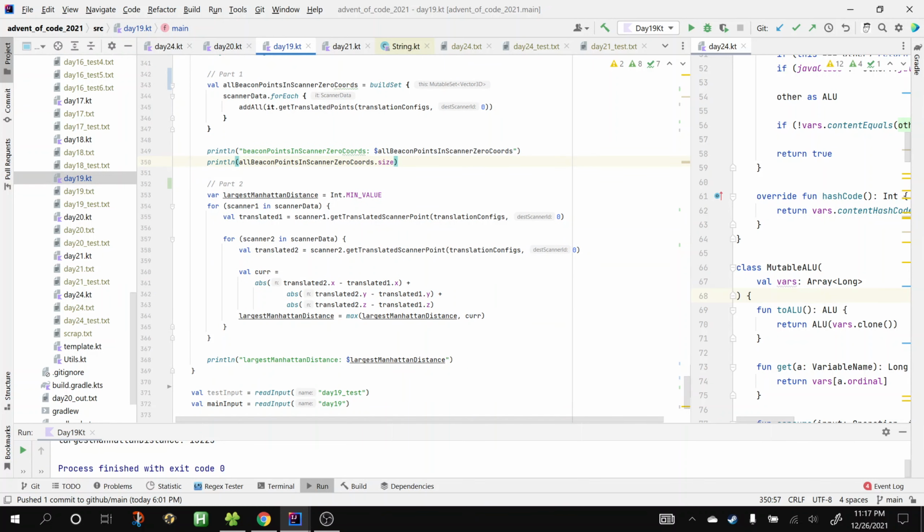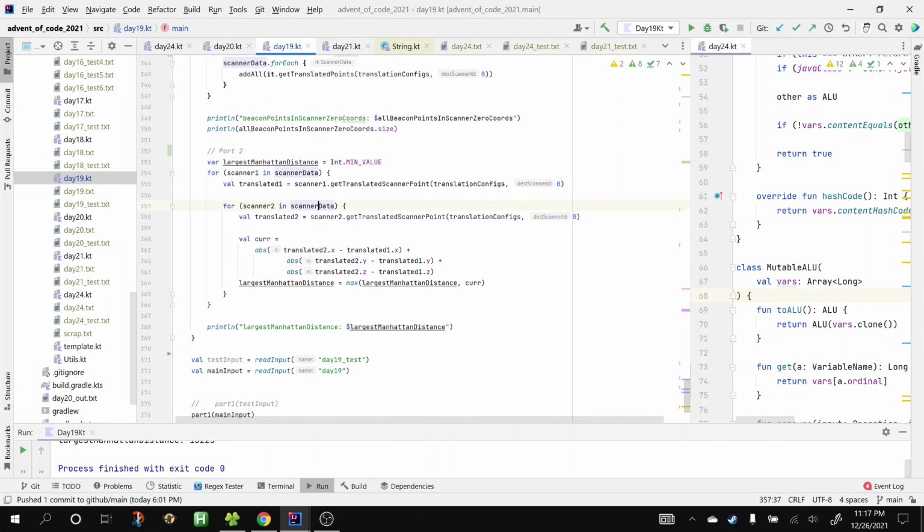Then for part 2, it was pretty simple since we already know the various offsets and translations needed to get into different scanner coordinates. You just iterate through the cross between scanners and all other scanners, and then calculate the largest Manhattan distance.